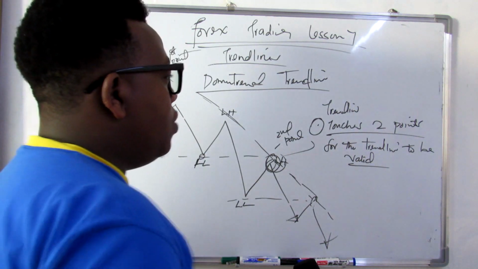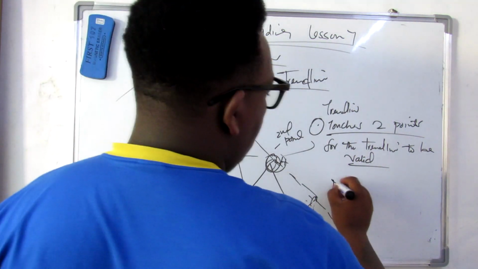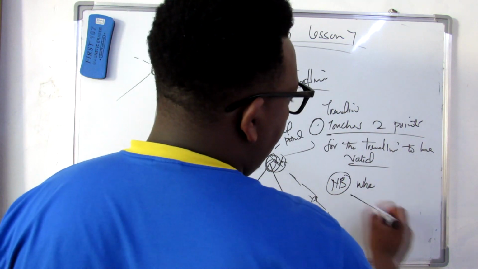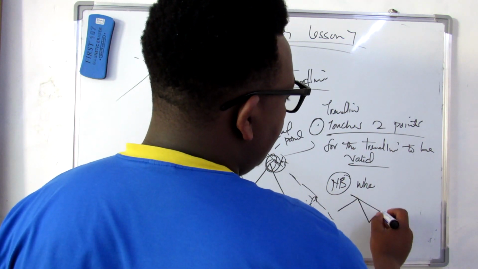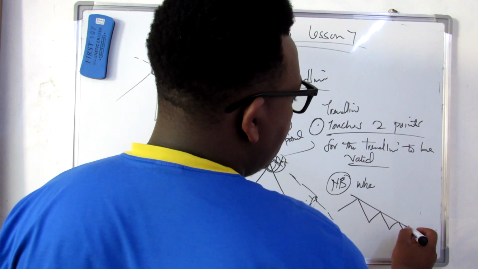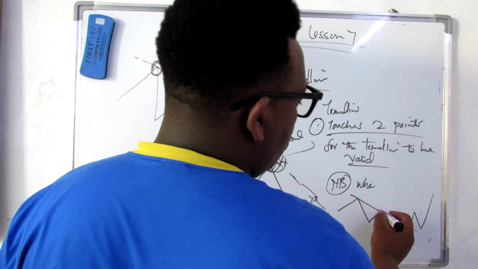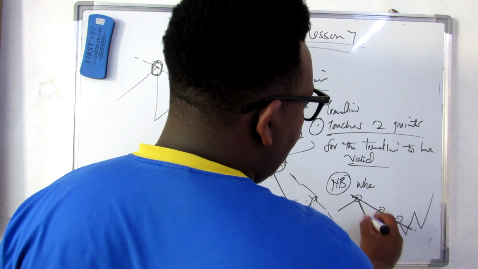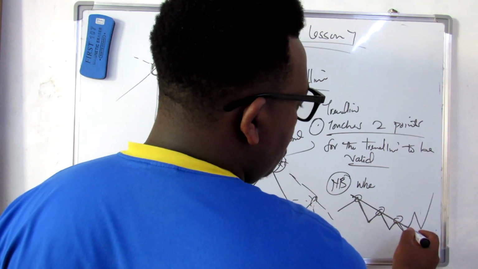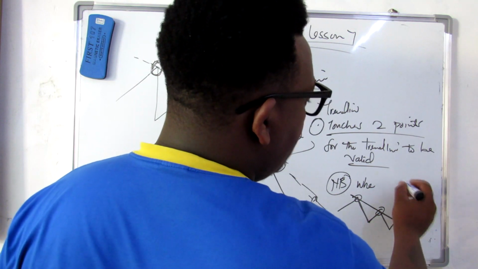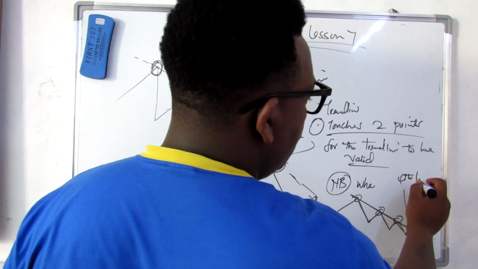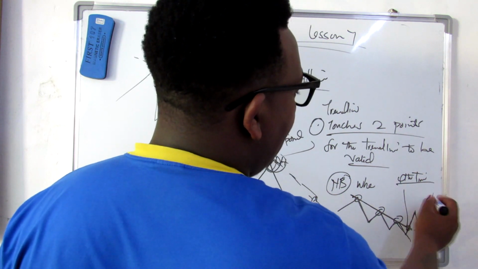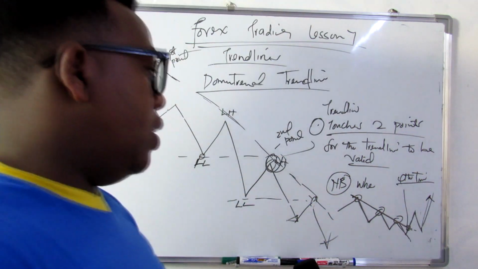So another secret I want to show you, NB: whenever the market touches a trend line 3 times, in most cases the 4th time the market breaks. So it's important for you to note this. Whenever the market touches a trend line 3 times, the 4th time, we expect the market to break, and of course it keeps unfolding in the opposite direction.